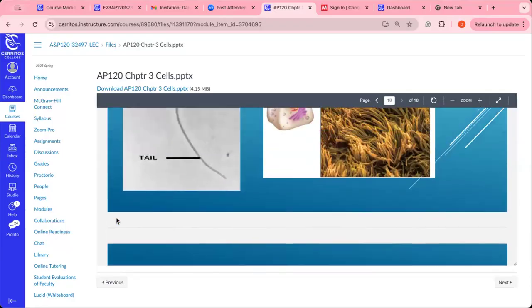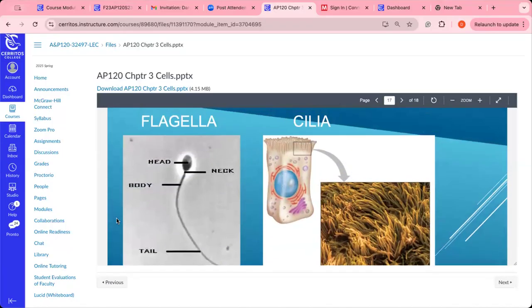And cilia are hair-like structures. Where you find cilia is like in your lungs, you have bronchial cilia. If you get bronchitis, then usually your cilia get inflamed.